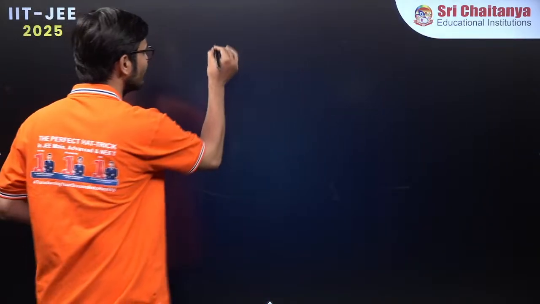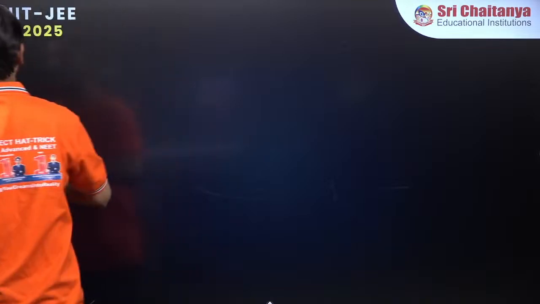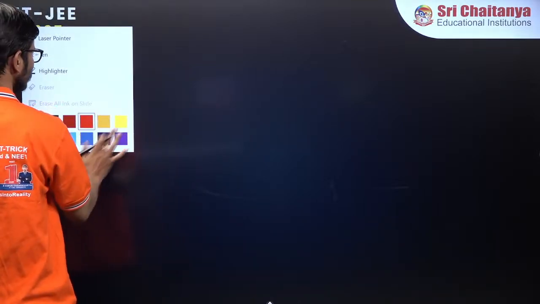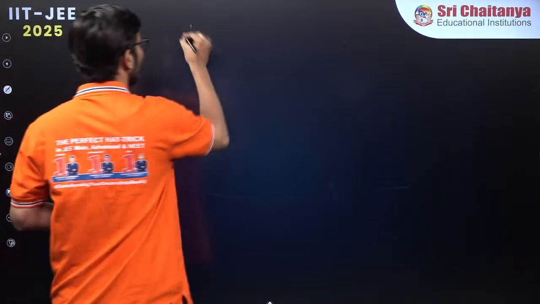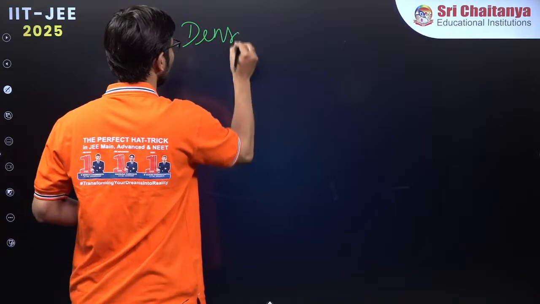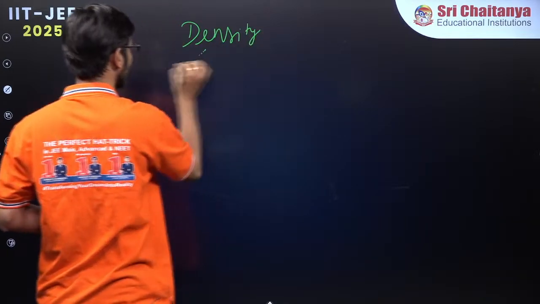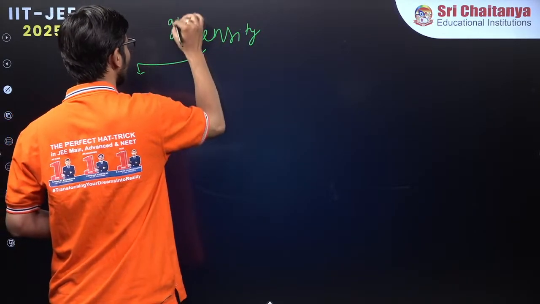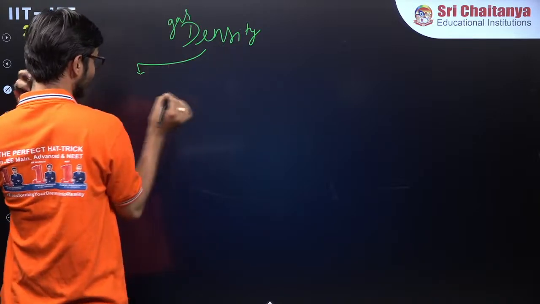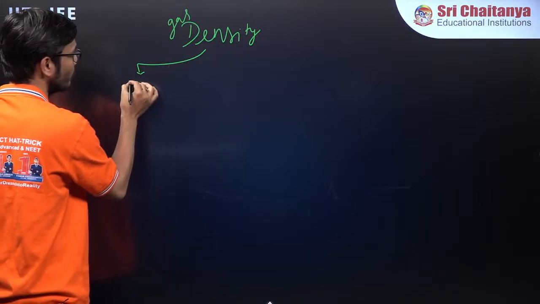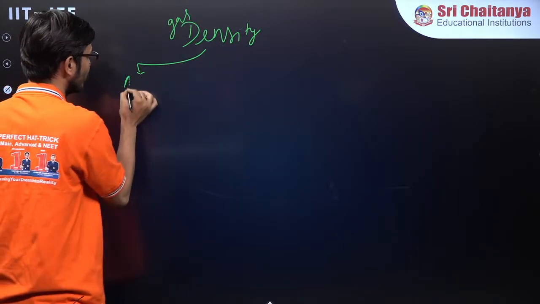So in the last class for the density, what we saw is, in the concept of density, for the gases I'm talking, for the chemistry I'm talking, there are two types of density. One is absolute density, right?